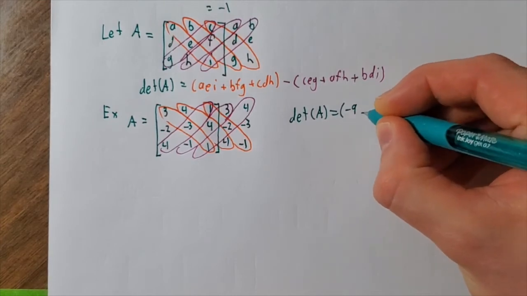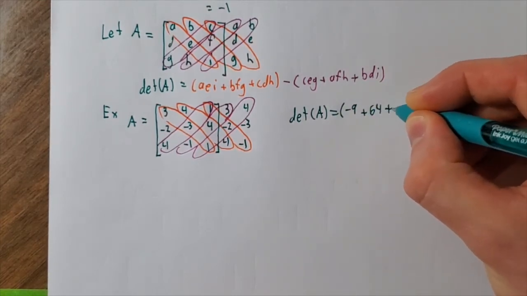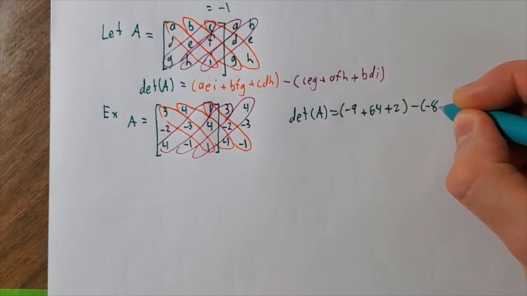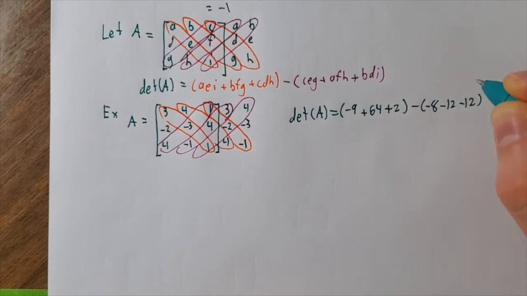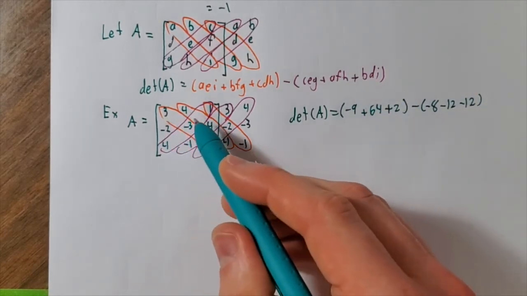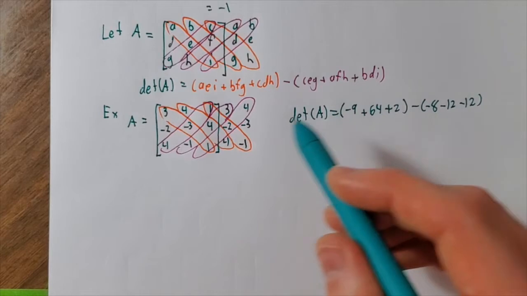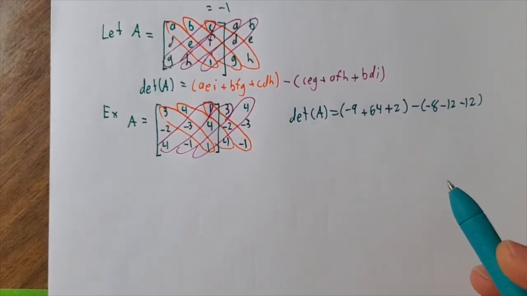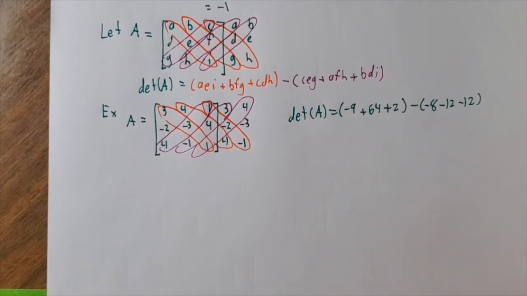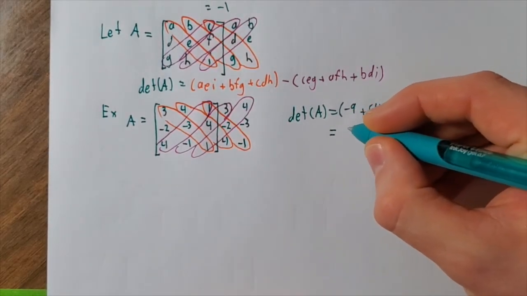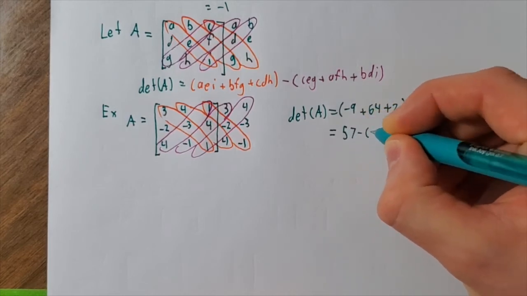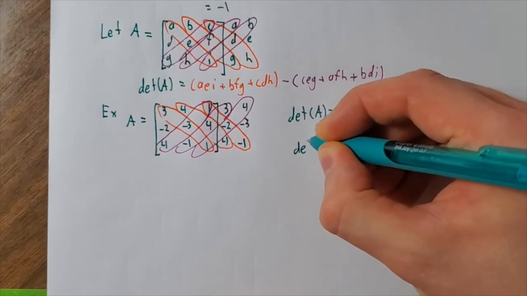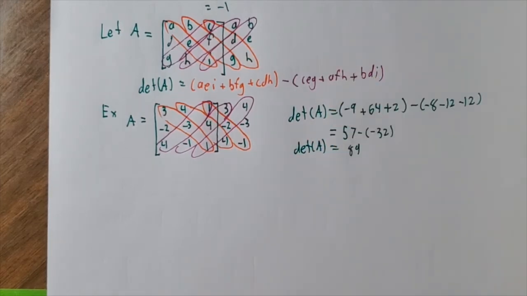We've got -9 plus 64 plus 2. We're going to subtract -8 minus 12 minus 12. Again, my -9, 3 times -3 times 1 gets me -9. 4 times 4 times 4, 64, and so on and so forth to get the rest of these products. That's where they came from. We're going to say this is equal to 57 minus -32, which is equal to 89. So our determinant of A is equal to 89.